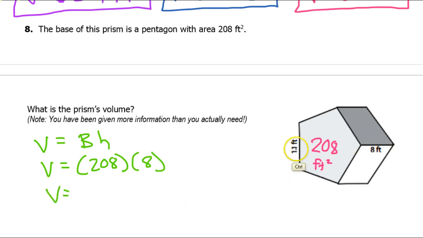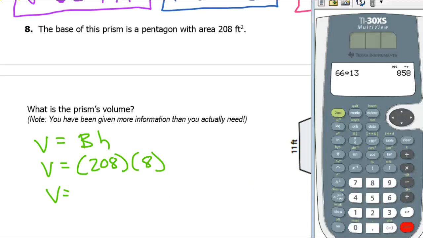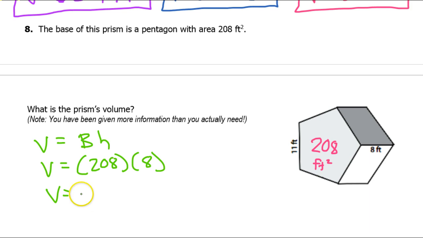All right? Notice the 11 does not get involved in the problem at all. So 208 times 8, 1,664. And the units were in feet, so volume will be cubic feet.